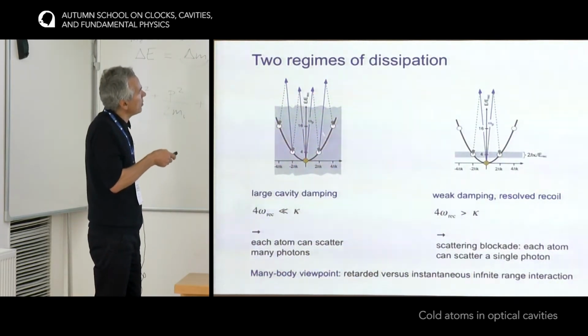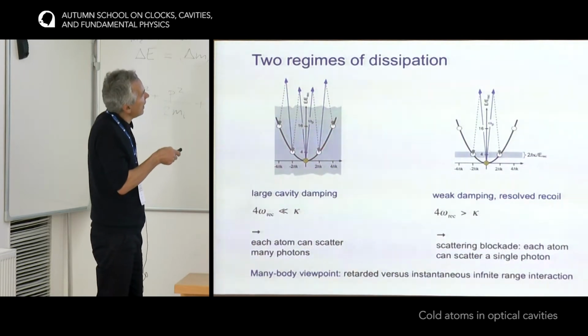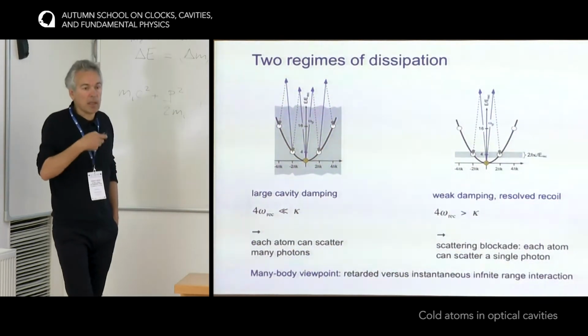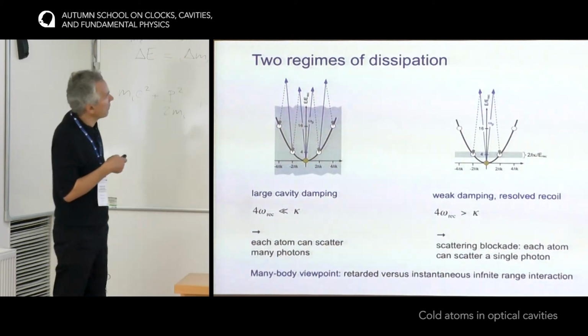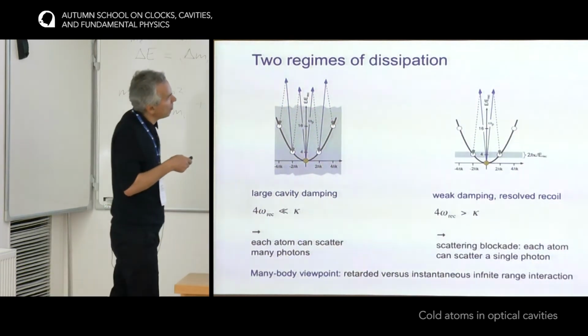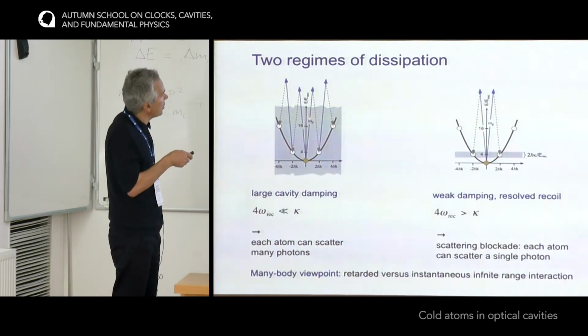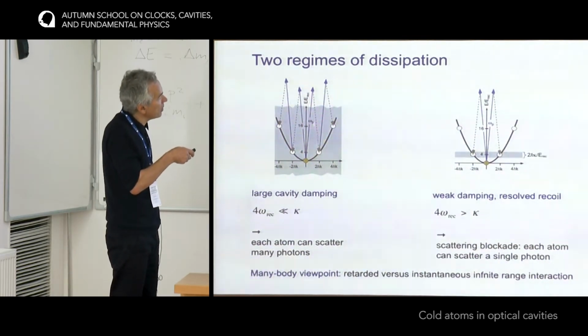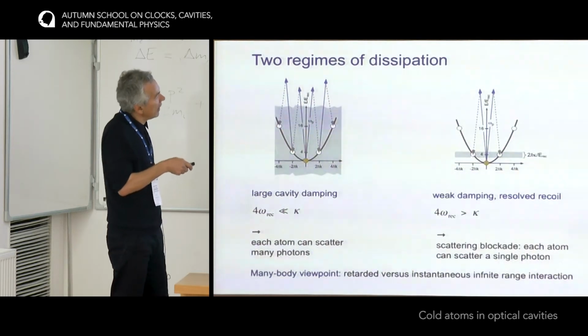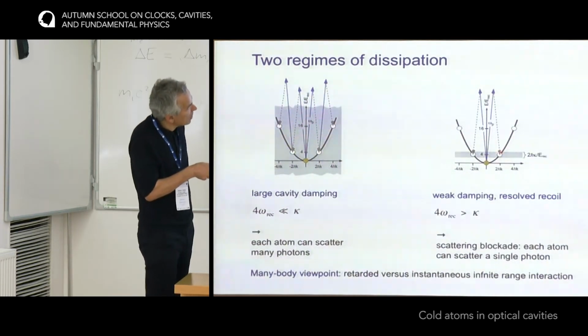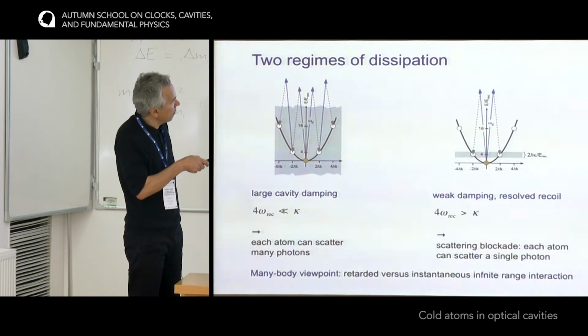first going from here to here, and then a next scattering process can happen and you increase your momentum in each of these steps. And this is to be compared with the situation when kappa is smaller than the recoil energy. You see the recoil energy is a unit on this axis here. Then the situation is depicted here. And you see that, well, this distance here on the y-axis corresponds to kappa.